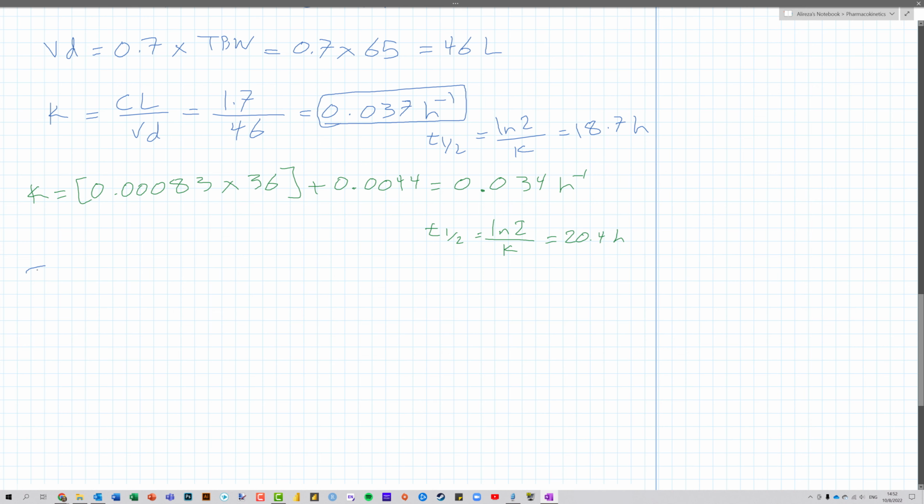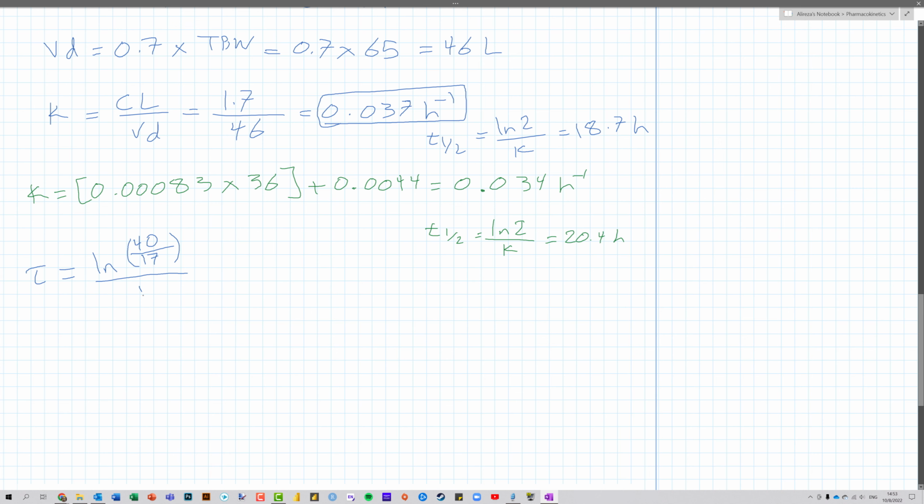The next thing we want to do is calculate tau. In this case, because this is a severe infection and the hospital wanted us to target a 15 to 20 trough, I'm going to pick a goal peak of 40. Again, it doesn't matter what you choose as the peak; it just needs to be something reasonable so our math checks out. For the trough goal, I'm going to pick something between 15 and 20, so I'm just going to choose 17 for this case.